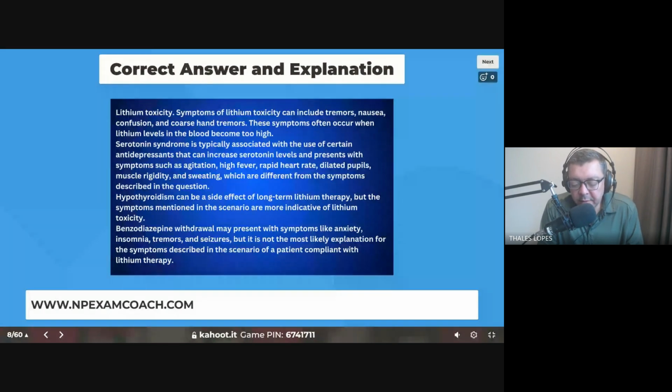What I would tell them is to look at the stem of the question and pick a word that's in the stem and in the answer, or something similar. Here you'd have lithium in the stem, and lithium toxicity in the answer. So blindly, if you don't know the answer, at minimum try a test-taking strategy that could get you higher than a 50% chance, right?